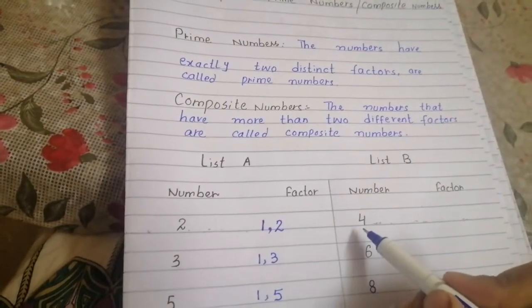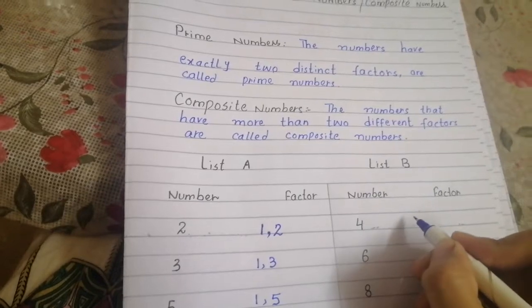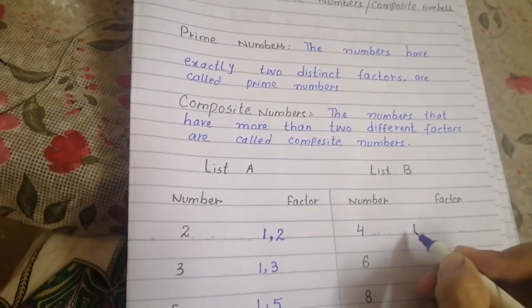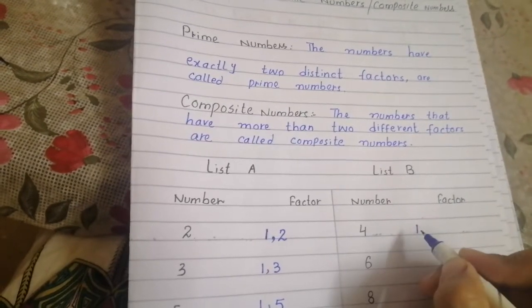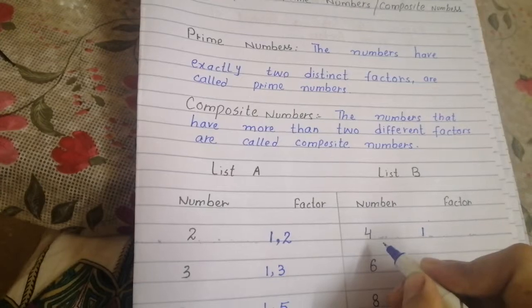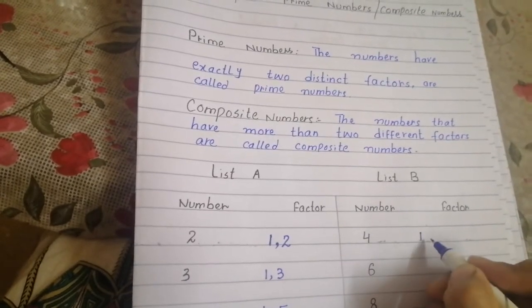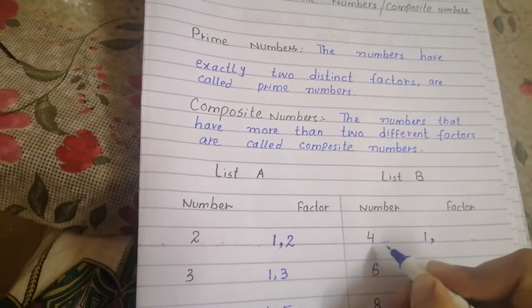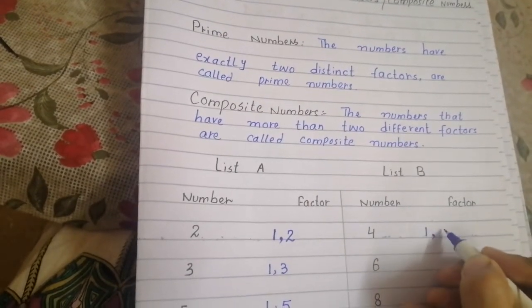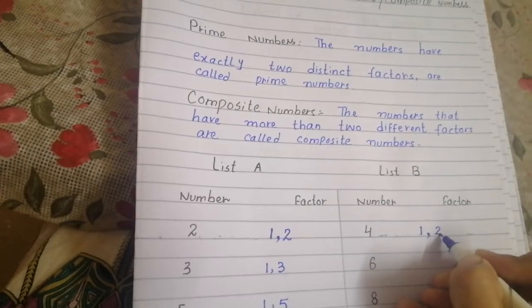For example, you have the number 4, and you know that 4 comes on the table of 1. Mean 1 is a factor of 4. You know 1 is a factor of each and every number. 1 is the number that will be on every table. So 1 4s are 4. 4 comes on the table of 1. Similarly 4 comes on the table of 2. 2 2s are 4. It means 2 is also a factor of 4.